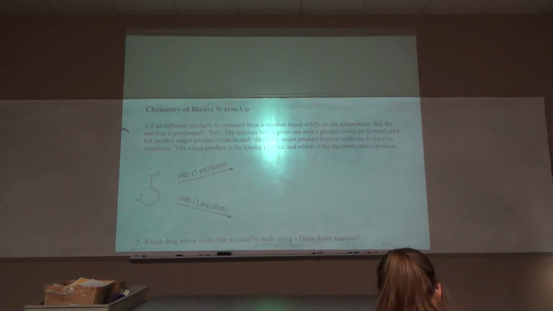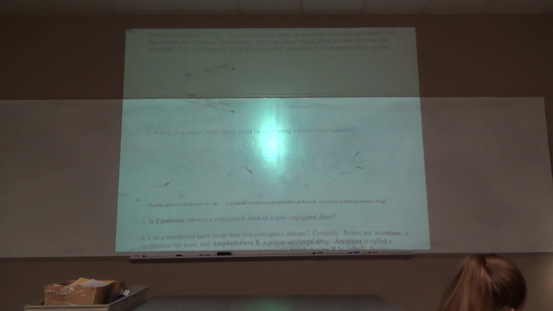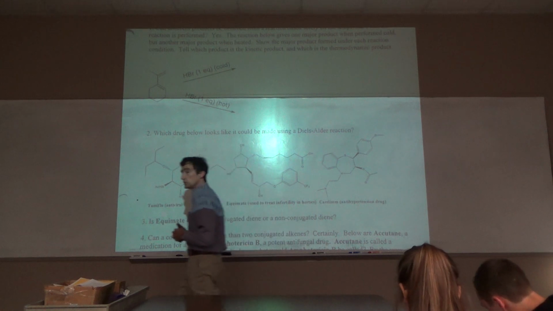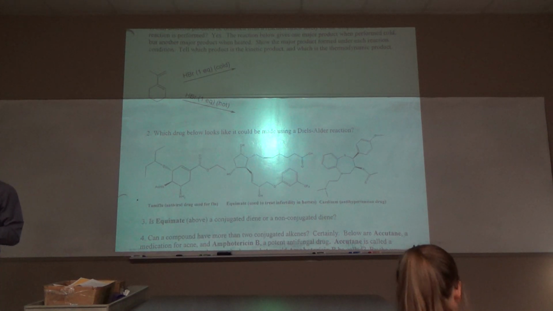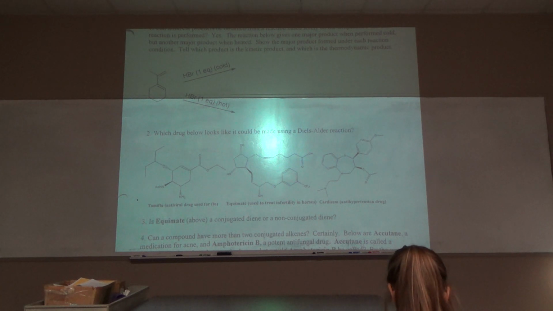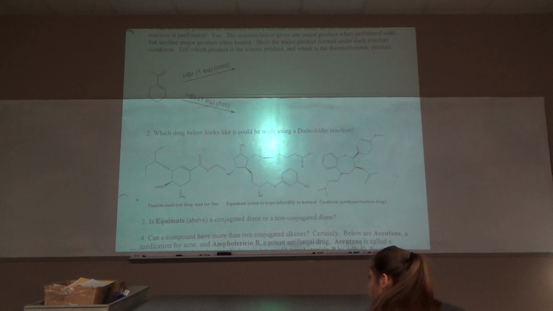We'll also be looking at a very important reaction called a Diels-Alder reaction, Diels and Alder being the 2 chemists that developed the reaction. This may be our first look at a named reaction. We have Markovnikov, that was a general description of an outcome.